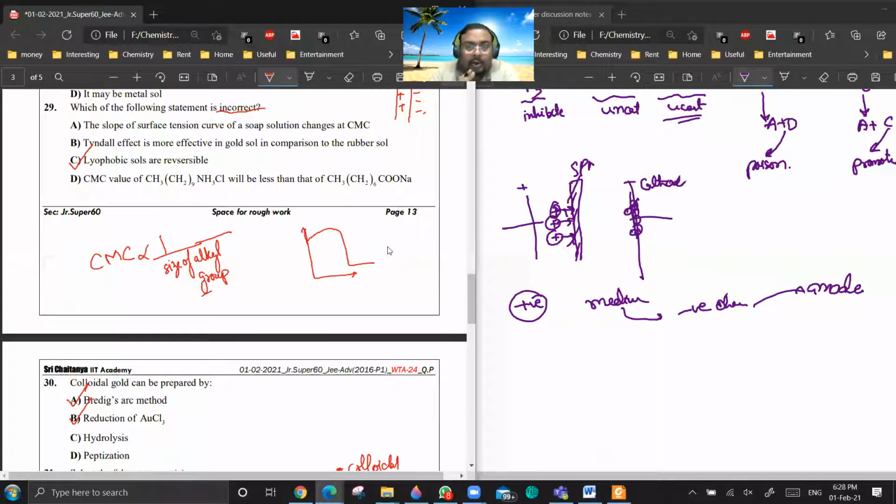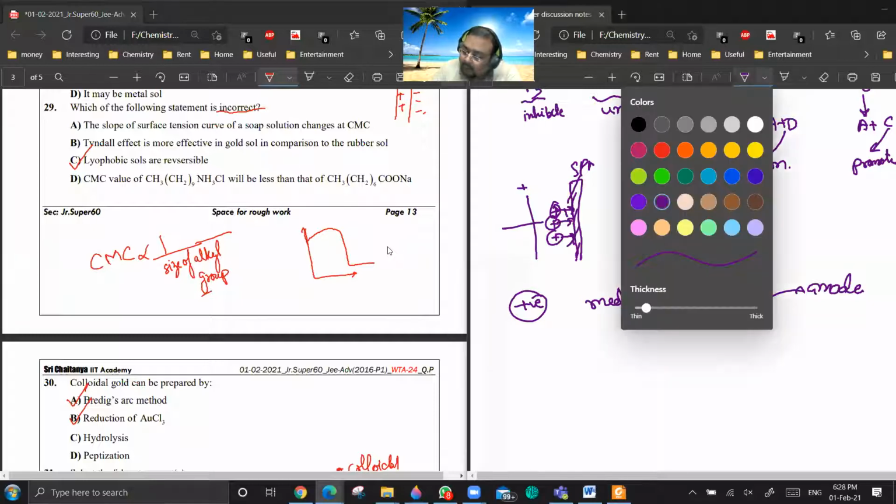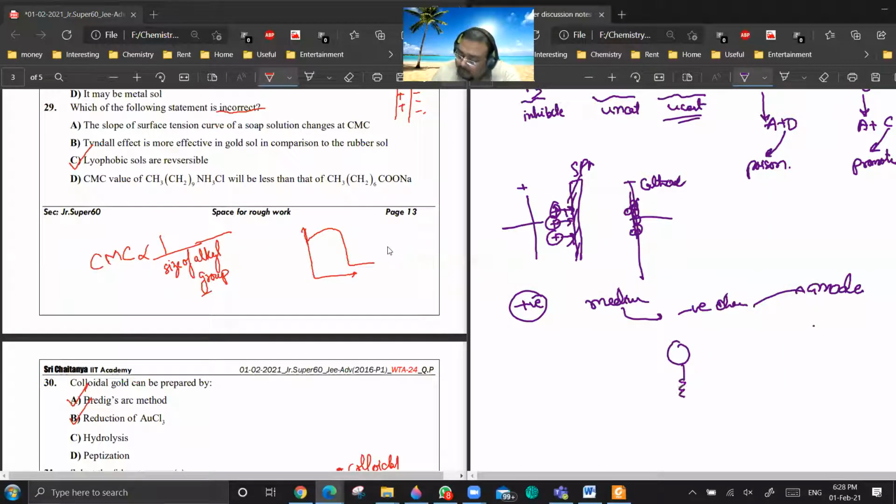See, you require a certain critical amount of hydrocarbon part in order to have effective van der Waals forces of attraction which can form micelles. Are you getting a point? So you see, if this part is longer, then with few molecules it can generate that much van der Waals attraction to keep all the soap molecules together. Yes or no? Yes, sir.